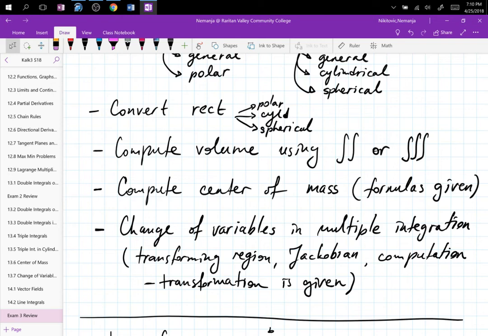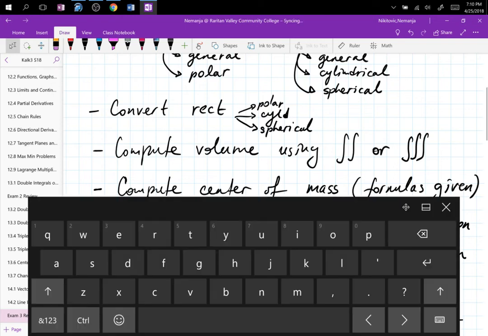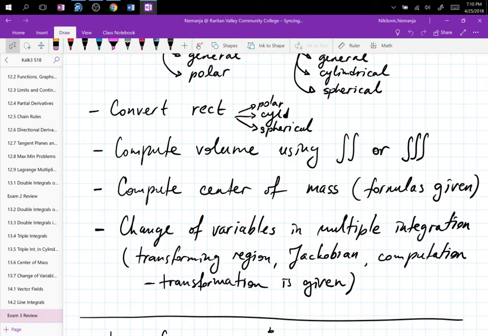To convert from one system to another, you either know the conversion or you don't. There's nothing I can do about that, right? You have to remember that x is r cosine theta, y is r sine theta, r is square root of x squared plus y squared, and those conversion factors that you should be dragging with you all the way since Calc 2, right? That's not new.